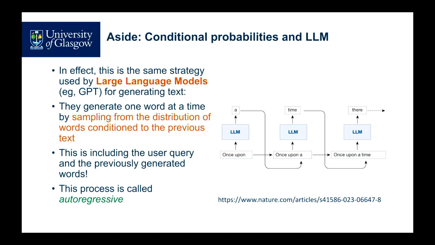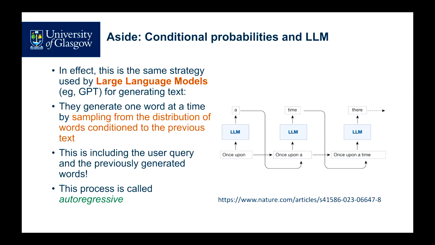Okay, so it's effectively a very big conditional probability that's being used, and you sample from this conditional probability that gives you a word. This is including the user query, the question you asked, and the words that have been generated by the GPT itself before. Okay, so that's what's called an autoregressive model. And all of those approaches are effectively autoregressive like that.